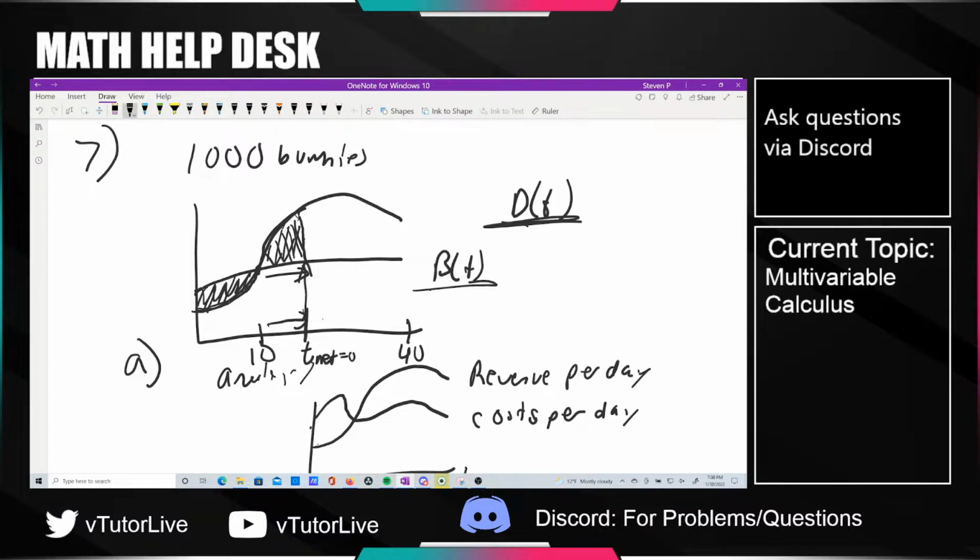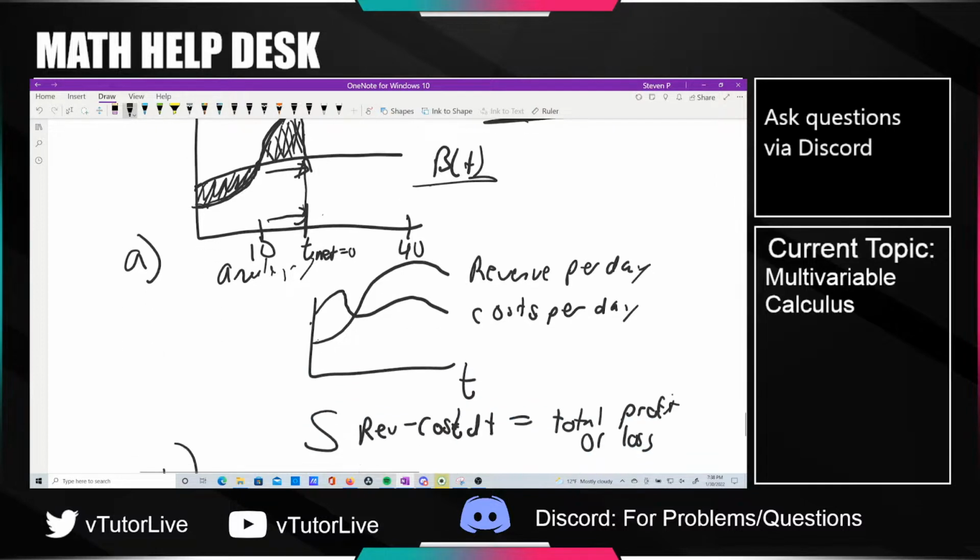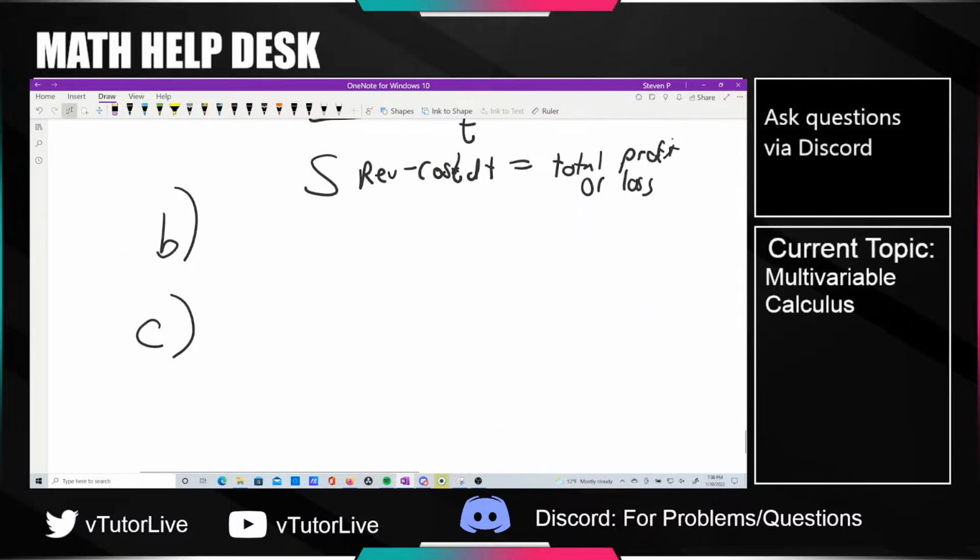All right. So then the final part is asking, suppose you know the average birth rate over 40 years is 100 bunnies a year, and the average death rate is 110. So B average is equal to 100, and D average is equal to 110. How many bunnies are there in the population at t equal to 40?